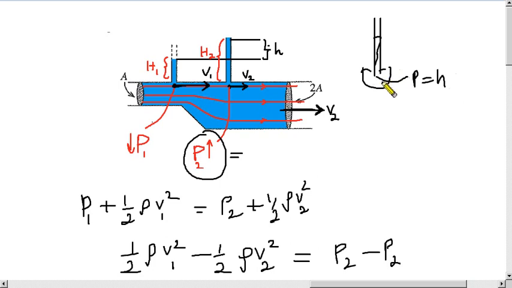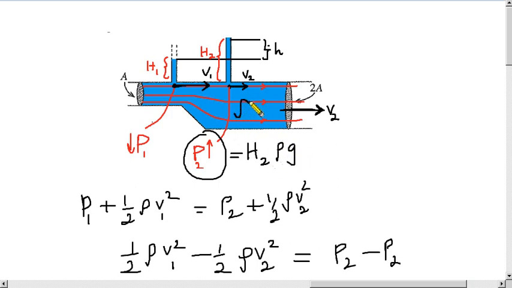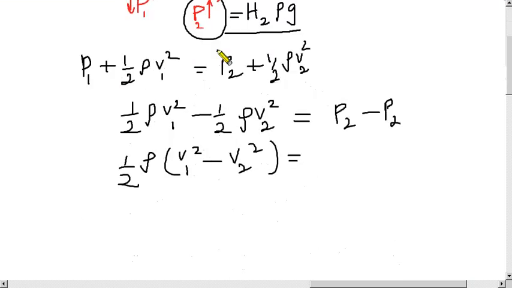The same way we can use these vertical tubes to measure the pressure. So P2 here is capital H2 rho g, the density is rho here, and the density in this tube also rho. H2 has not been given in the question, I used it like this, H2 and H1, but you can use it.